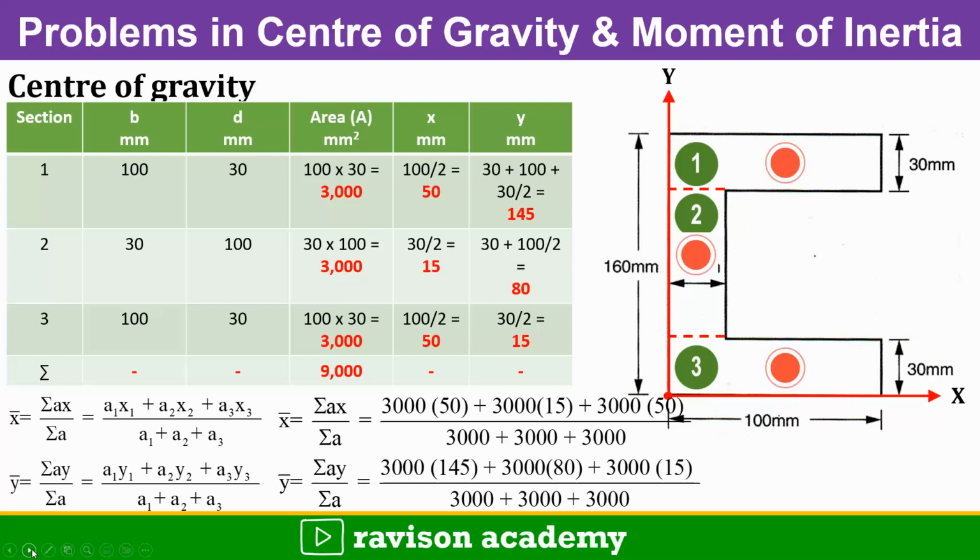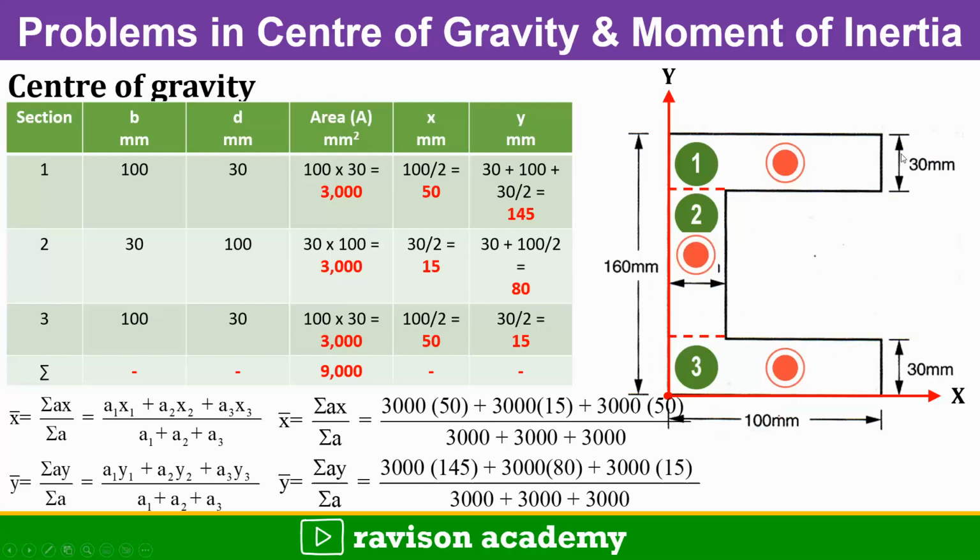The x is the distance from the y axis, that is 100 by 2, which is 50. And y is the distance from the x axis, so you cross 3 parts: the third part, the second part and half of the first part. So we have 30 plus 100 plus 30 by 2, giving 145.